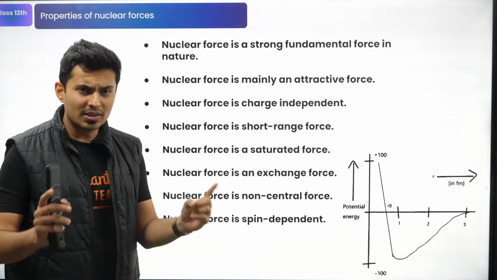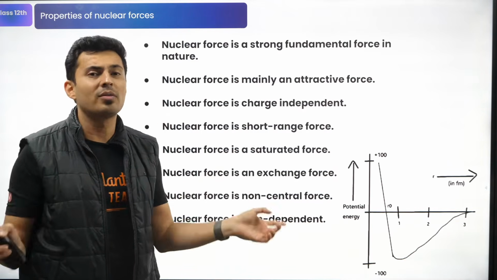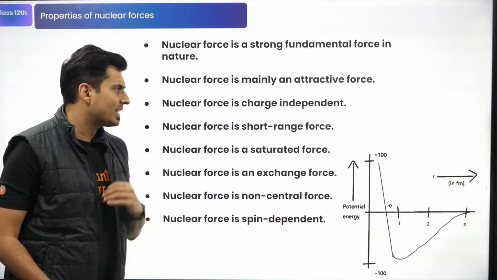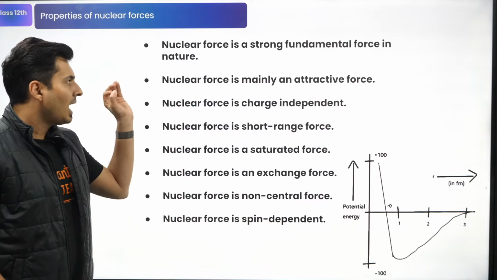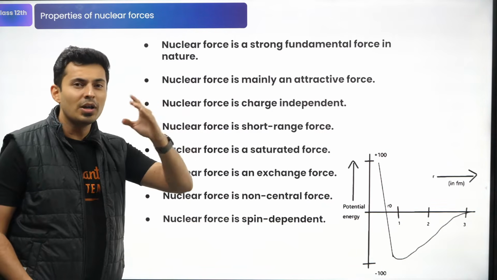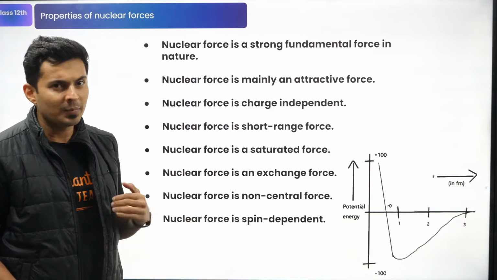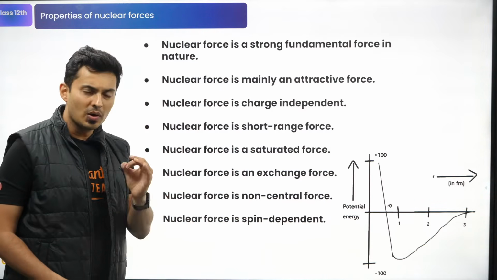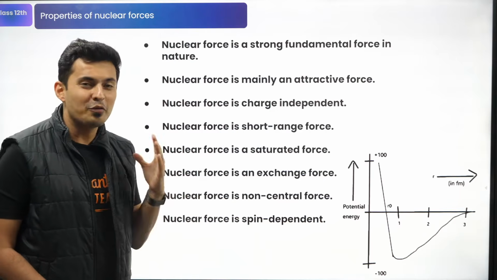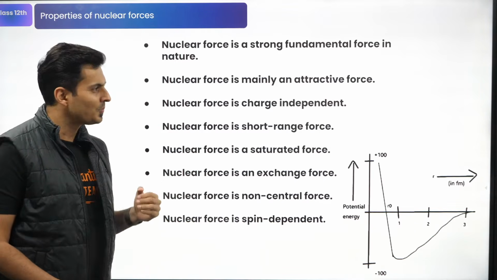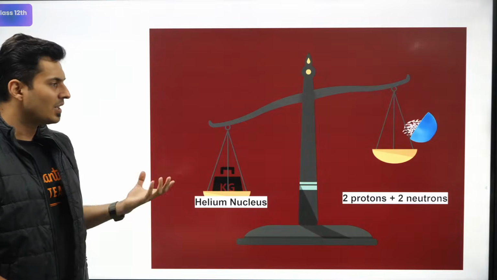And these forces happen because of exchange of certain particles. That's why it is called an exchange force. All right. And usually you will see that the nuclear forces are attractive in nature. So these are the theory things which you should know for nuclear force. You do not have any formula based questions on the nuclear force. So now you know how these particles stay together.